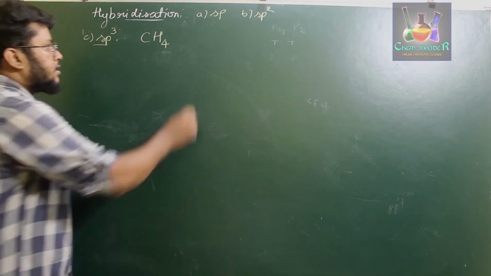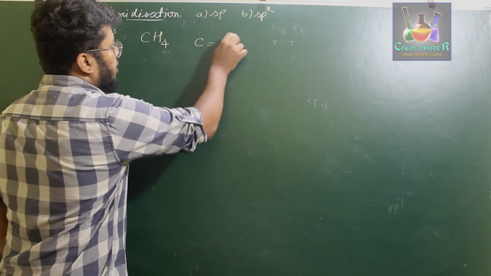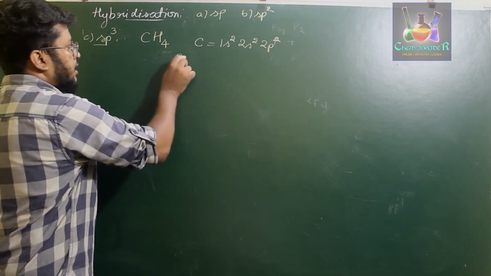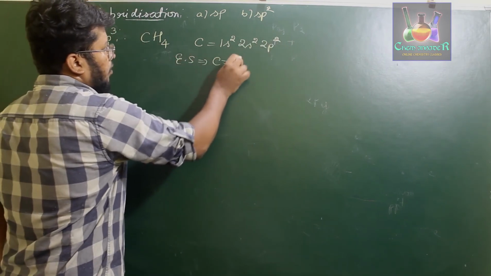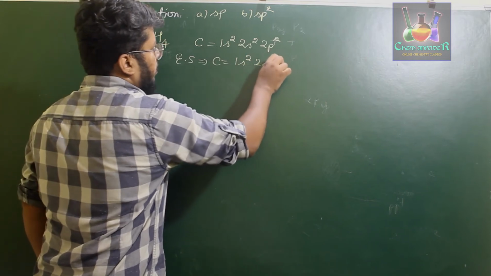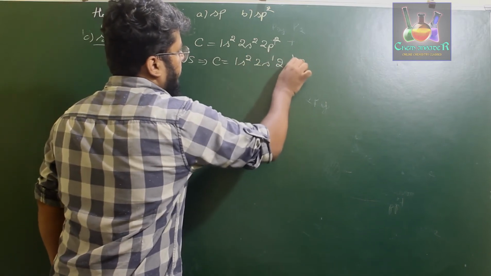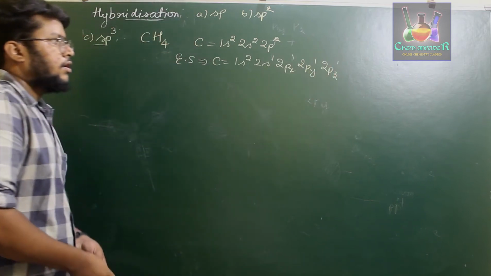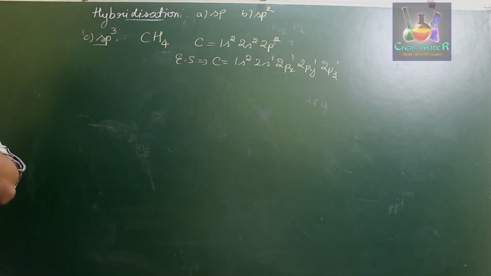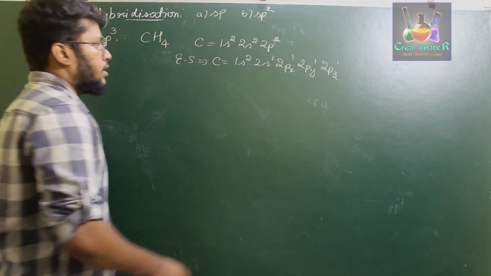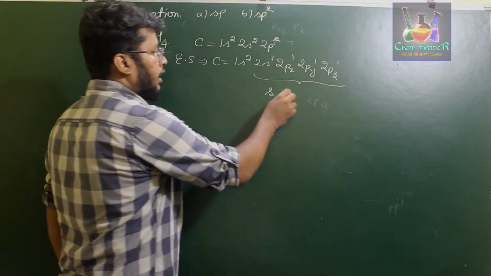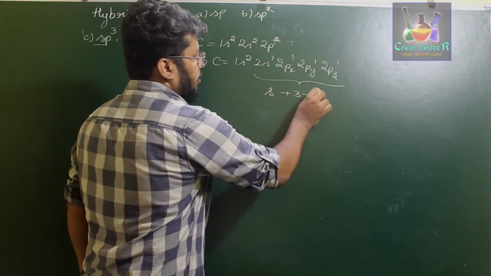The carbon in this case has the electronic configuration 1s2, 2s2, 2p2 in the ground state, and in the excited state this will be 1s2, 2s1, 2px1, 2py1, 2pz1. Okay, 2s1, 2px1, 2py1 and 2pz1. So now the carbon here undergoes sp3 hybridization, because of one 2s orbital and three 2p orbitals.